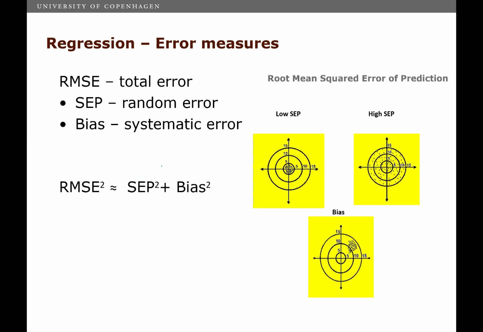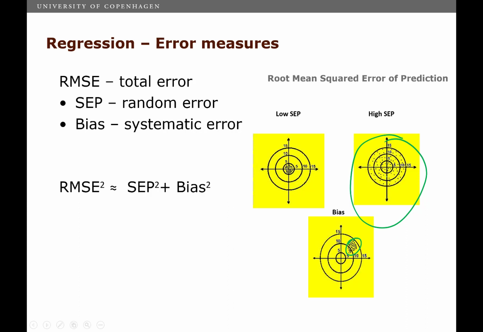And you should be familiar with what these terms mean. Here, for example, we have a bias in our predictions, but the method is kind of precise. This method here is not biased, but it's also not very precise.